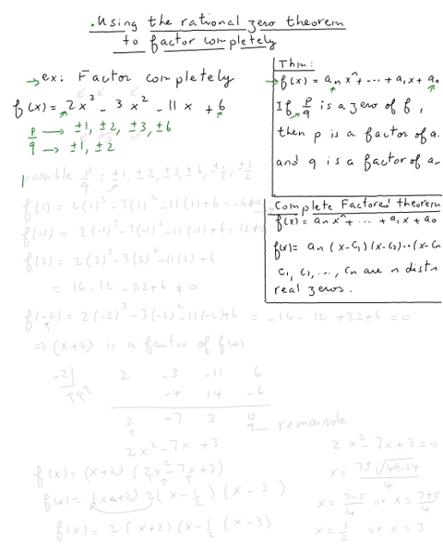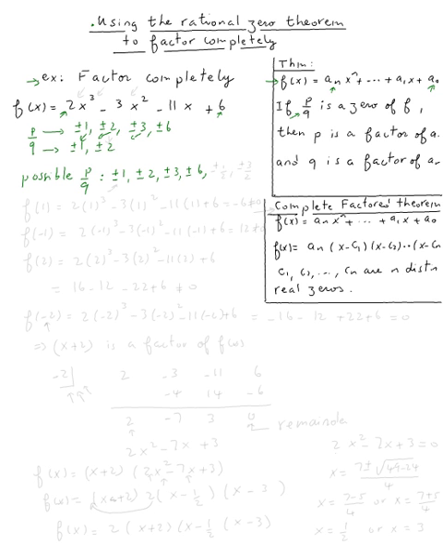So the possible rational zeros will be, if you multiply all the p's divided by the q's, plus or minus 1, plus or minus 2, plus or minus 3, plus or minus 6.